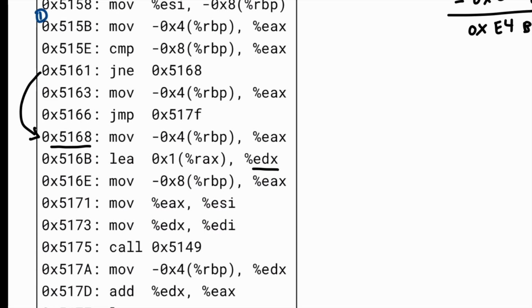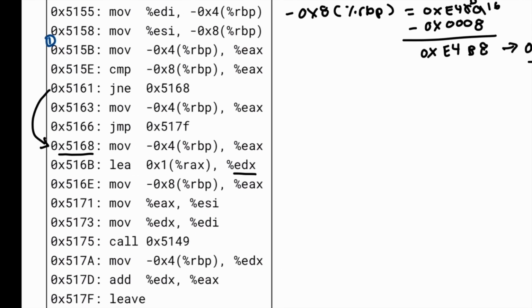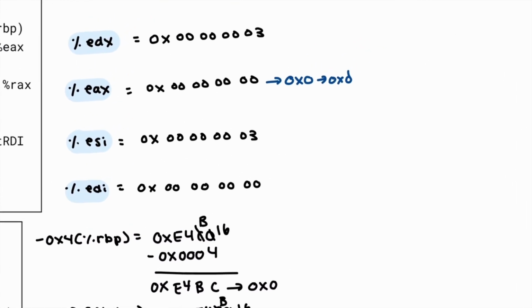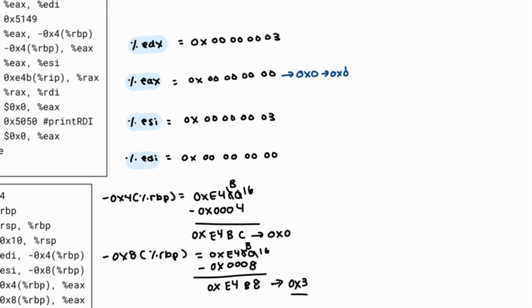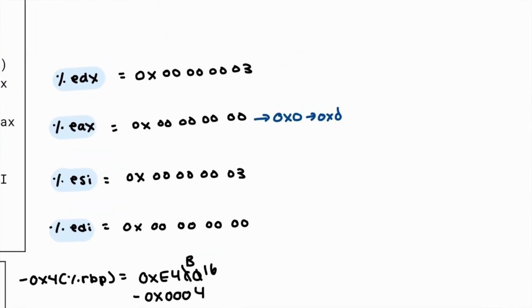And instead of going to that address and then looking at the value that that address points to, load effective address is just going to take this address we calculated here and then put it into EDX. So now EDX will have 0x1 plus 0x0, which is 0x1. So EDX will now become 0x1.